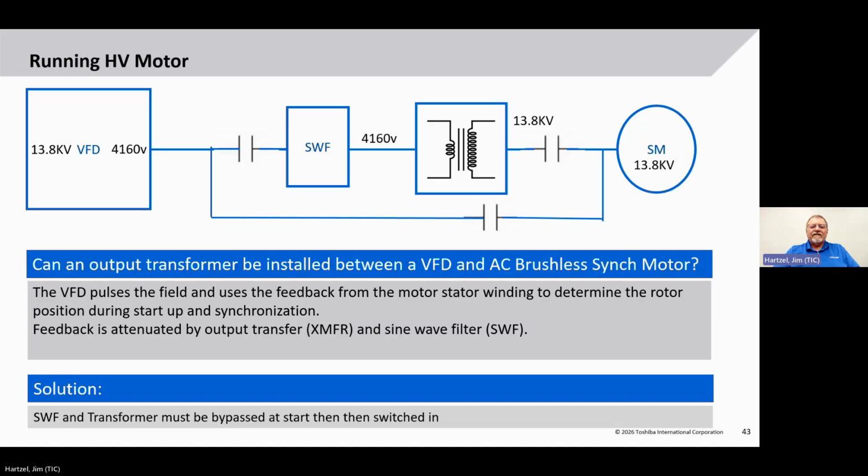The problem is that pulse can't get through this sine wave filter and transformer. So what we have to do is bypass all of that, start this motor on 4160, get it synchronized, and then switch out the 4160 and go back to the 13.8 and continue. So that is something that we can do. We've got a number of applications where we did that.